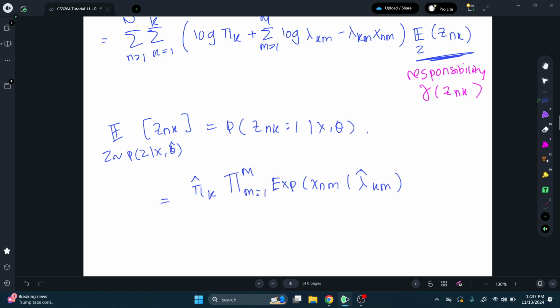This is just for that single k value. But I want to create a new probability based on this distribution, so for every single other mixture, I want to see how this p of z and x is being created. So this will be the pi_j hat, and then this will be the other sum.